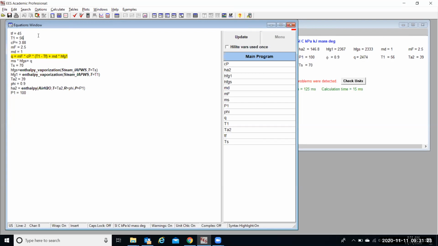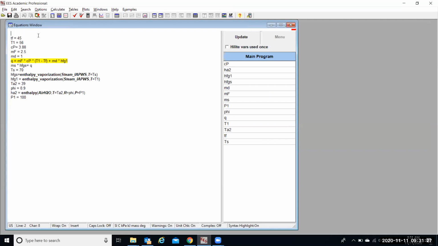So to do that, I need to remind myself of what I'm going to do. To start a comment, something that you write for yourself, I need to change TF to see its effect on Q, for example.